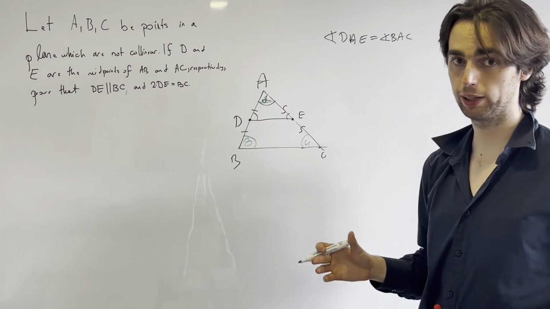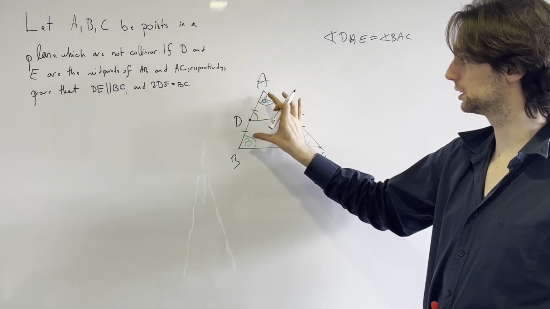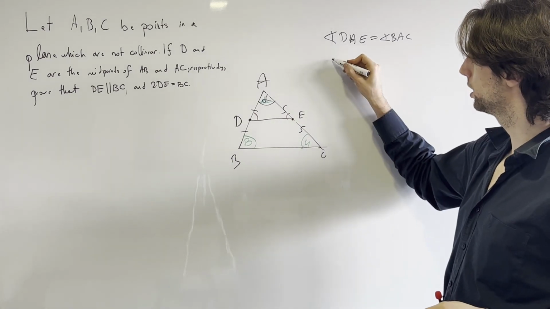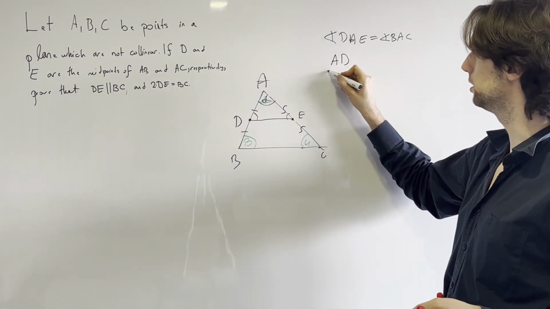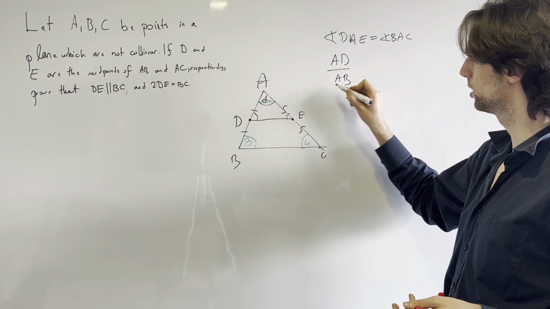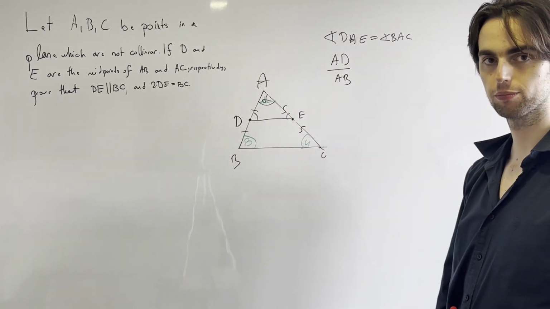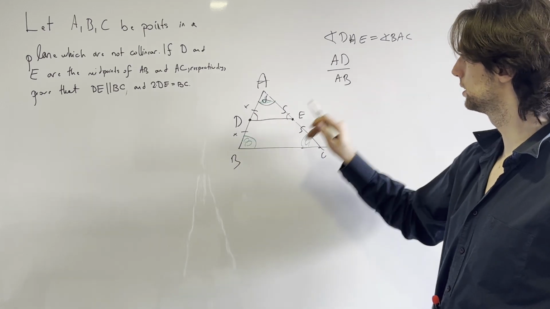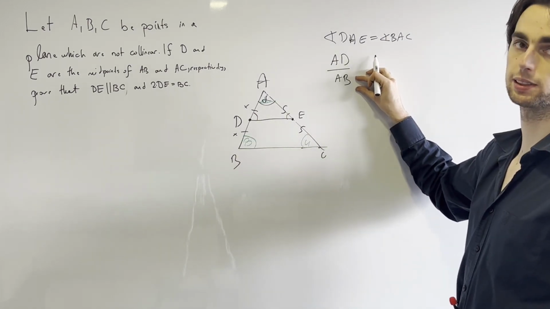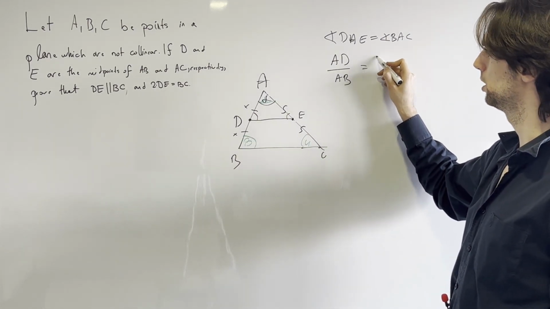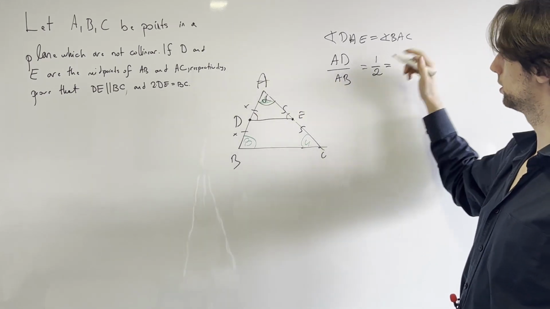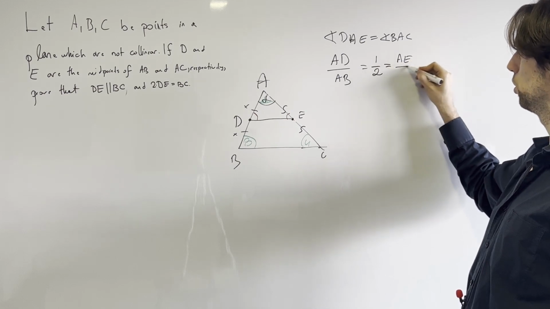And so, given this is the only angle we have, we need to have the ratio between the sides. We need to have that AD over AB, what is this equal to? The answer is, if this is x, then this is x over x plus x, so this is equal to 1 over 2, which is also equal to AE over AC.